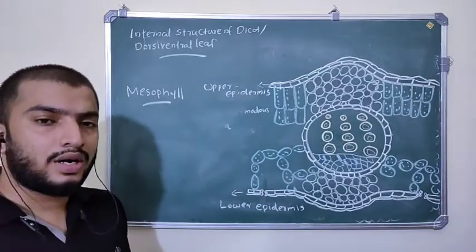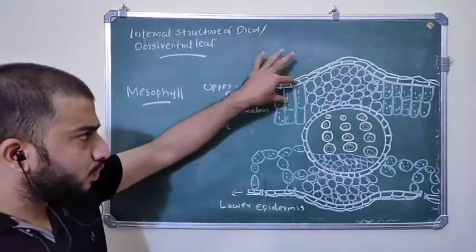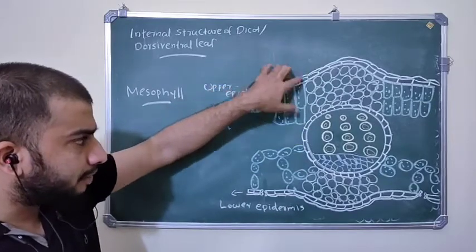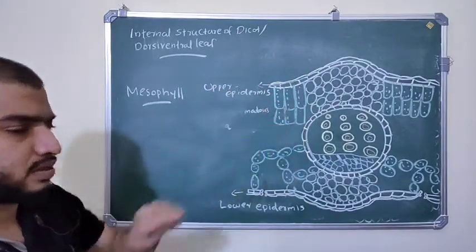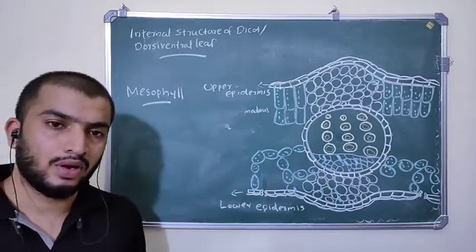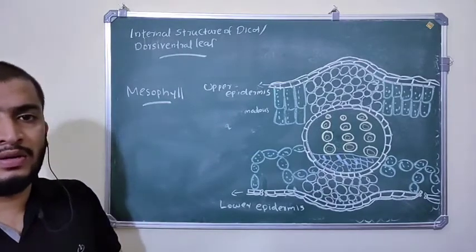Mesophyll. So what is mesophyll? The tissue present between the upper epidermis and lower epidermis is called mesophyll.